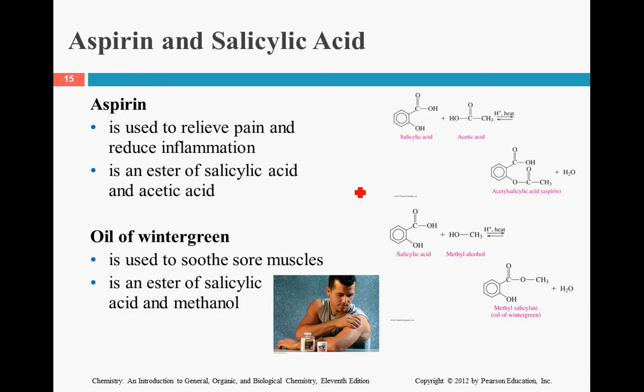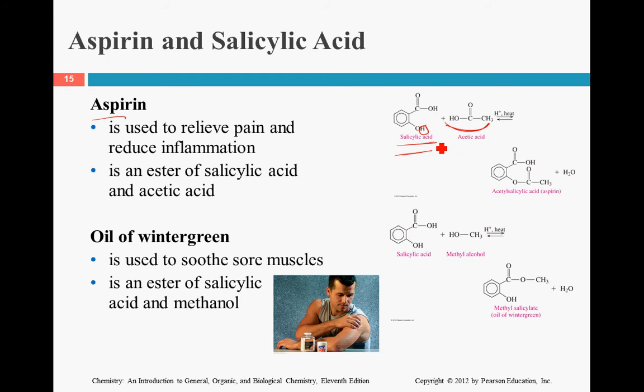So let's take a look at some of the ways in which these are used. For instance, aspirin is an ester. Here's salicylic acid. The hydrogen here is then getting removed and putting this in its place. What they realized is that a salicylic acid would clear up a headache, but it would upset the stomach.